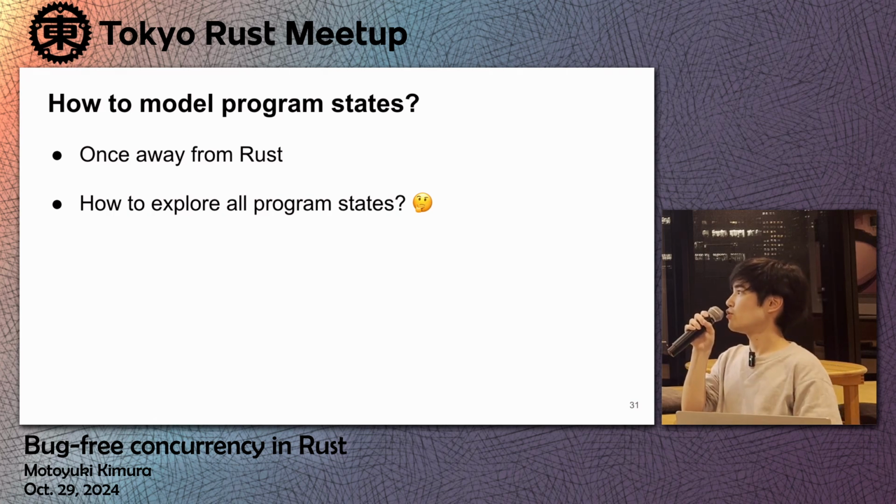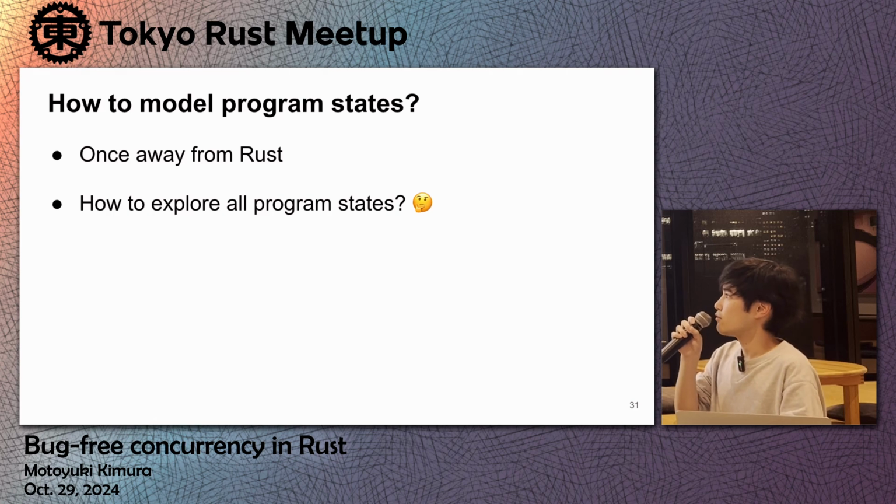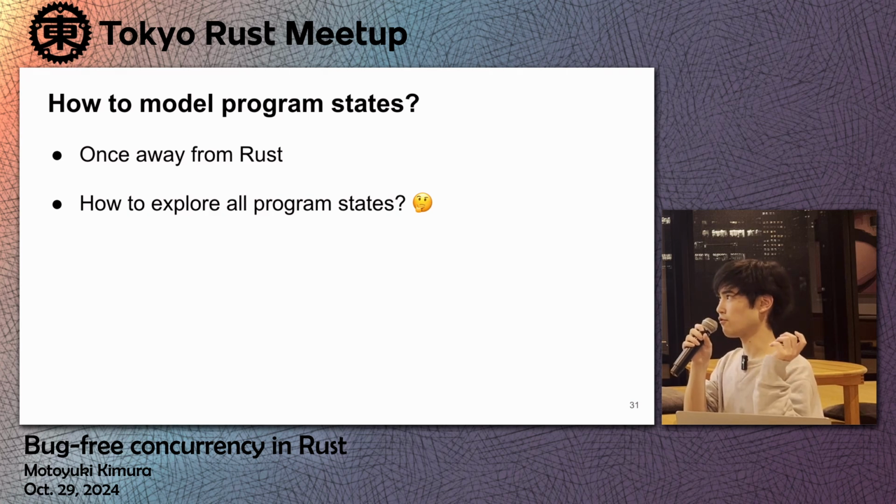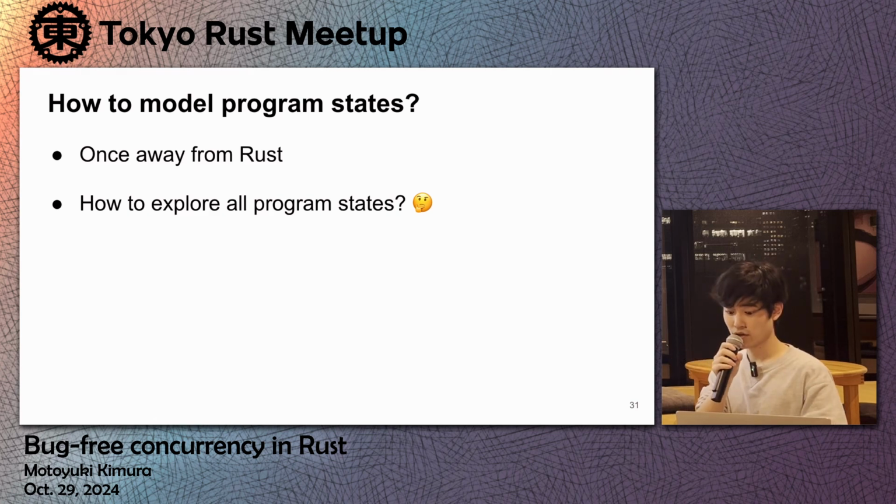The first thing we have to consider is how to explore all program states. Remember, model checking is a way to translate the program into some sort of state transition system and then explore all states. So we need a way to do that.